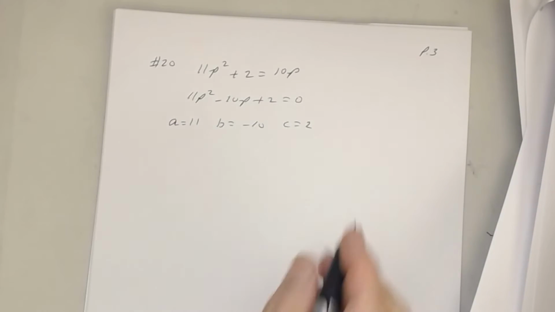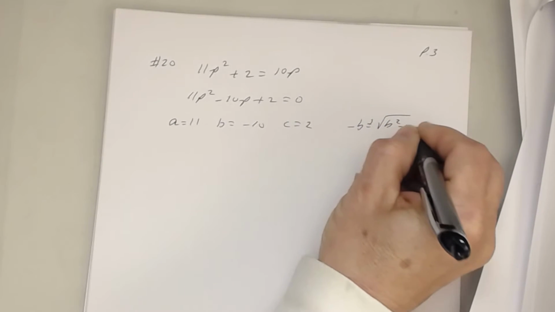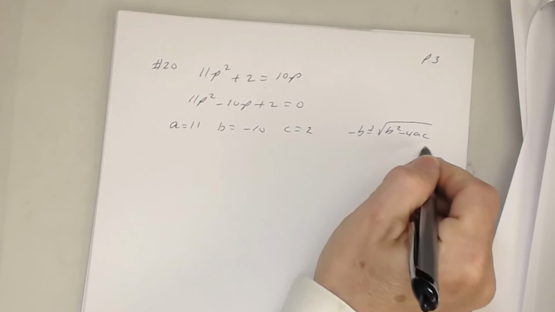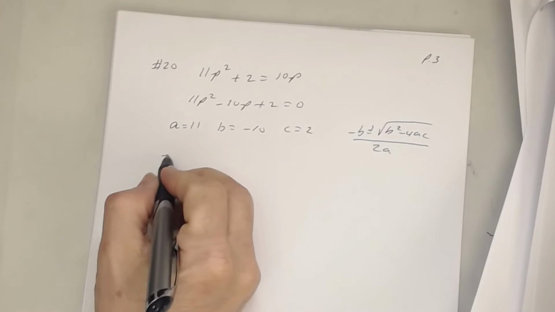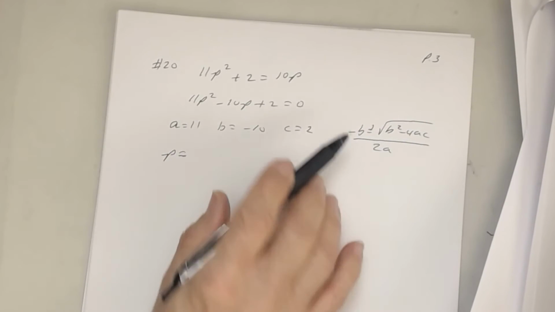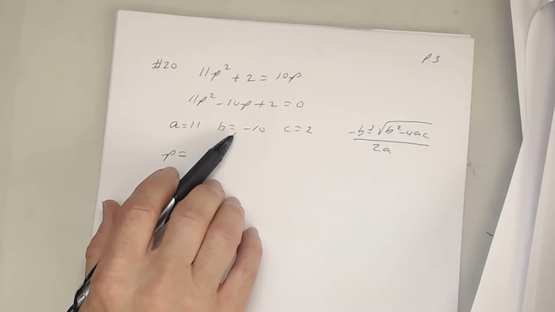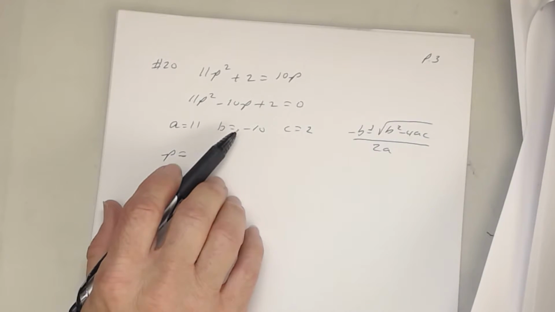So now we just plug into the formula. Remember, I'll give you the quadratic formula. Remember, all that's being divided by 2a. All right, so you're going to say p equals, because your variable is p this time, the opposite of b. What's b in this case? -10. What's the opposite of that? 10.